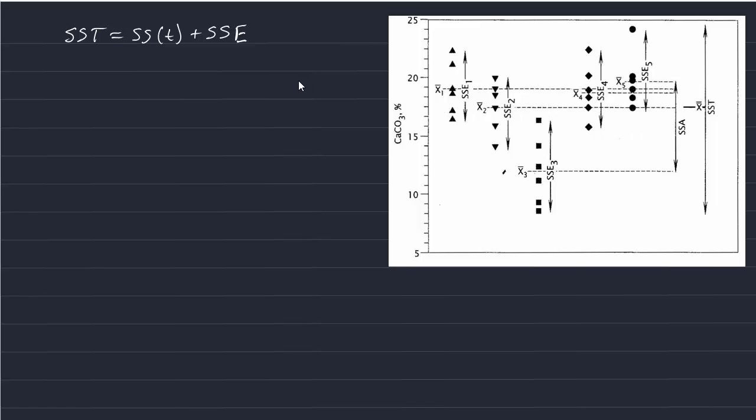And then the sum of square variance due to treatments, and I'm just now noticing that Davis uses a different term. This is really SSTR.